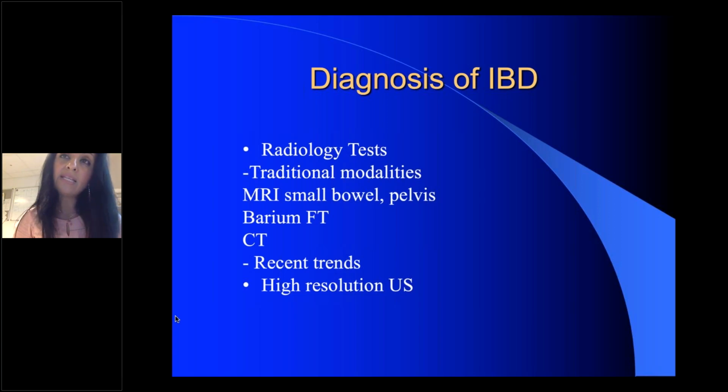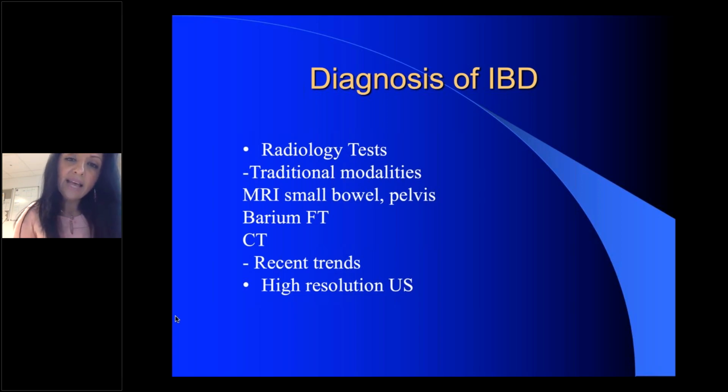And also, if there are any signs of perianal disease, we would do an MRI pelvis to look for any fistulas. And if there are any urgent situations where you're worried about bowel obstruction, we may do a CT. And more recently, some hospitals are superseding MRIs with high resolution ultrasounds, which can give you as much information, if not better, than these small bowel MRIs.